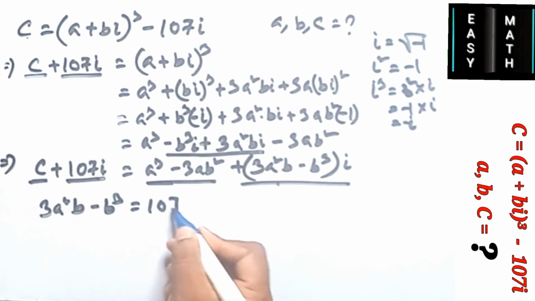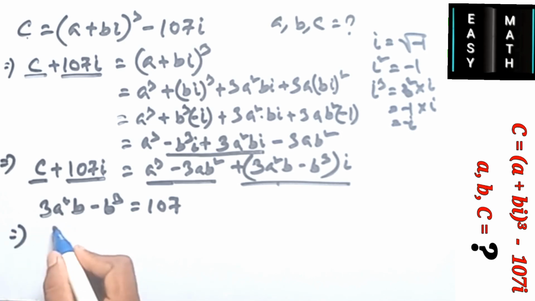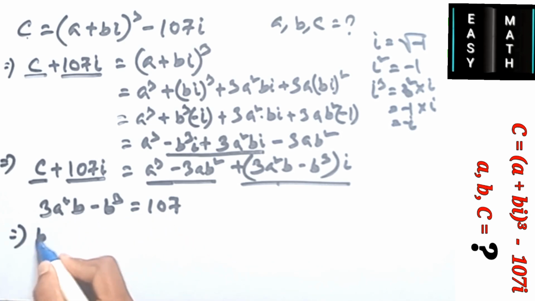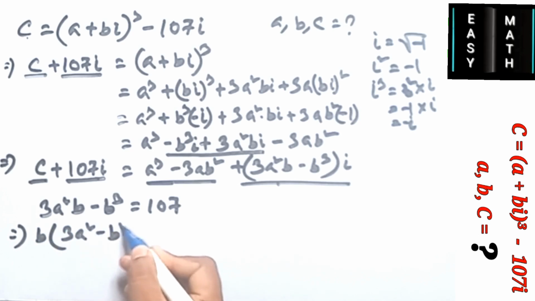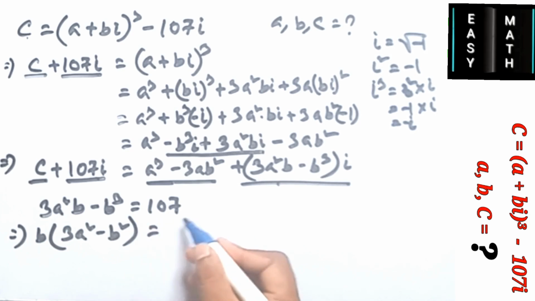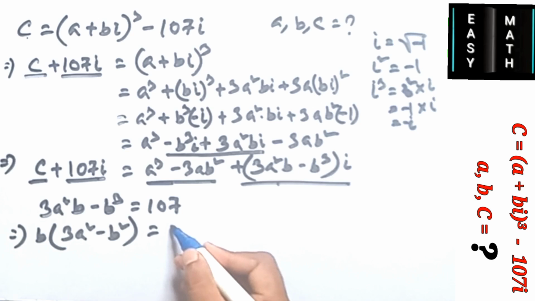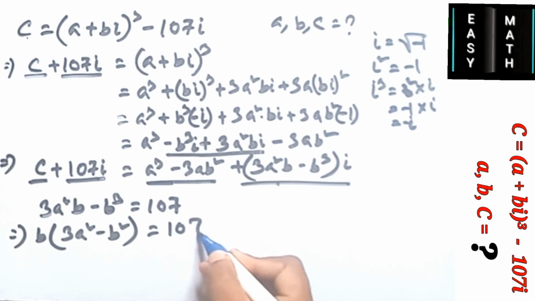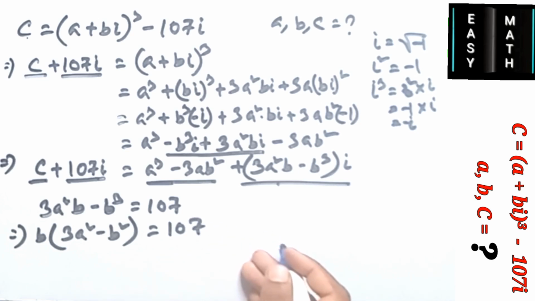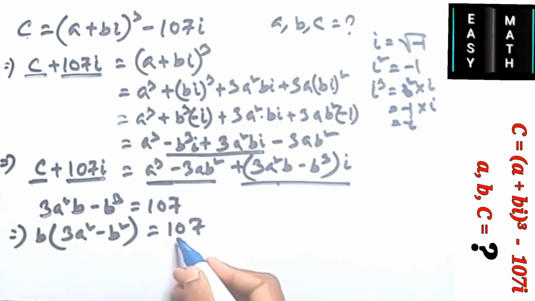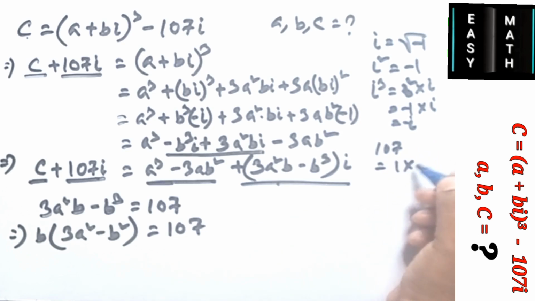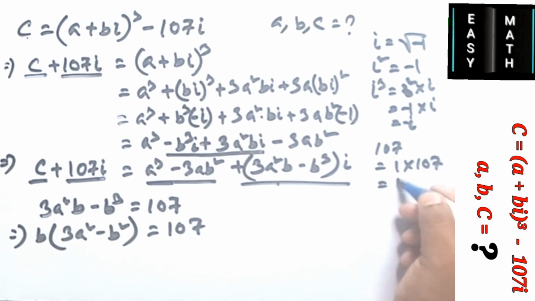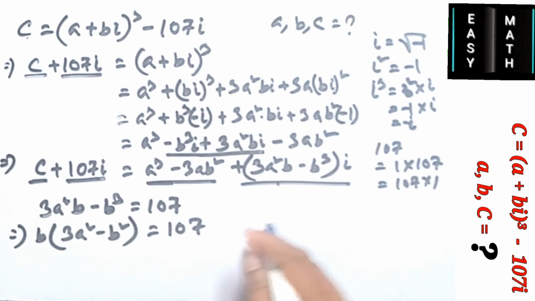This is equal to 107, and now we take the b, so 3a squared, and this is the b squared, we can write 107. And 2 times we can write 1 into 107, and this is 107 into 1.